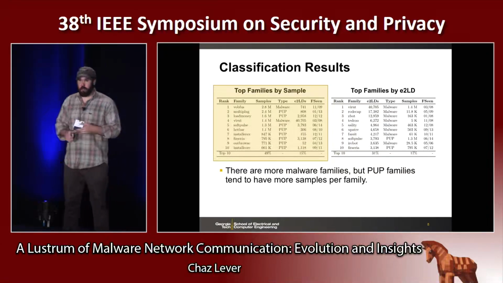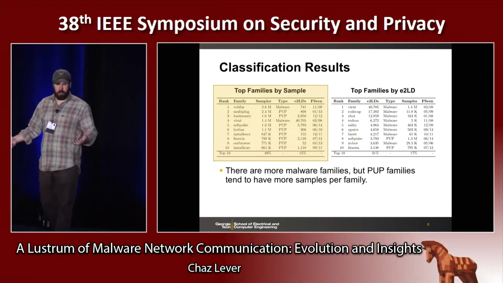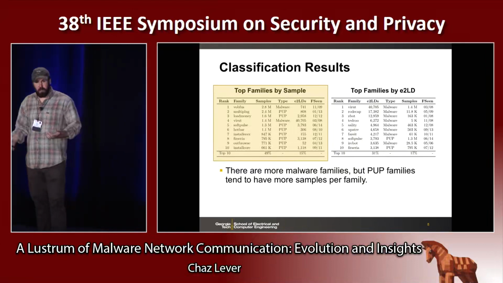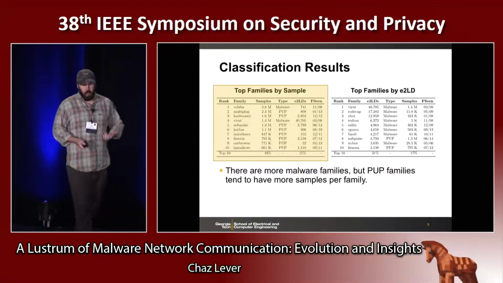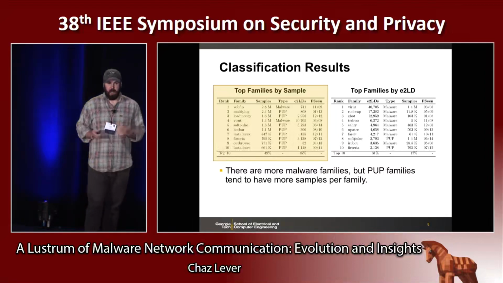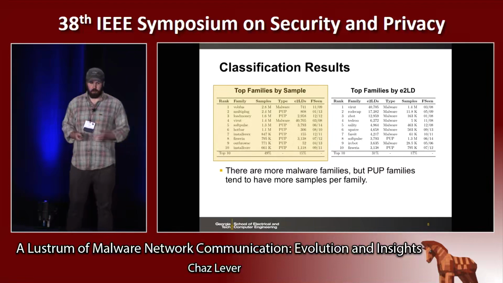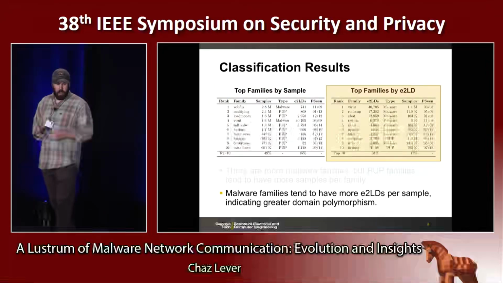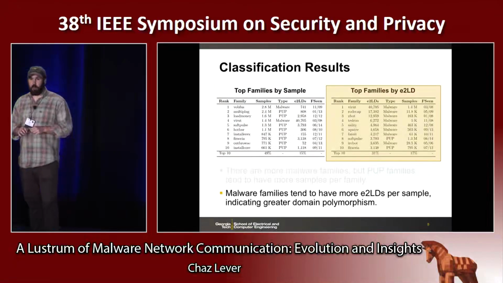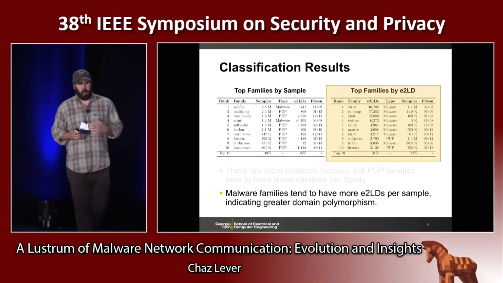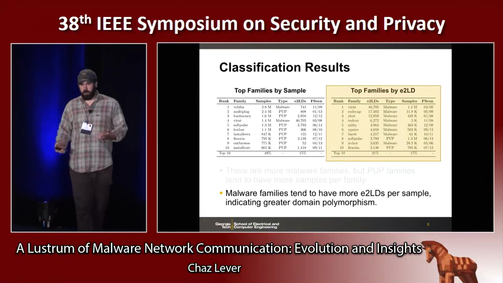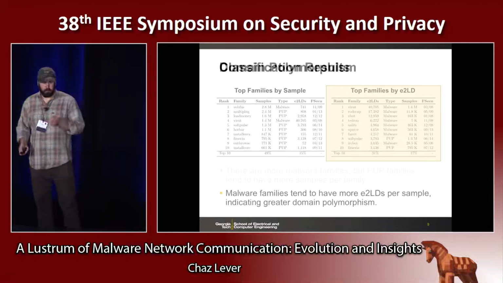And this was due to greater binary polymorphism that we saw in these PUP families, likely due to evasion of AV signatures and the like. But we saw a different kind of behavior with the traditional malware samples, which was, even though they had fewer samples, we saw that they tended to query more effective second-level domains per sample, indicating a greater, what we call a domain polymorphism. And I'll talk more about that in just a second.